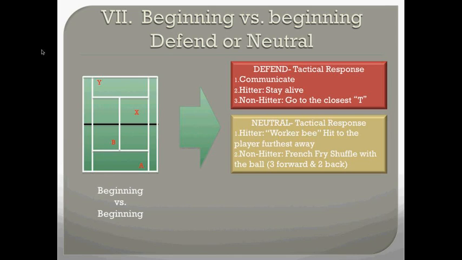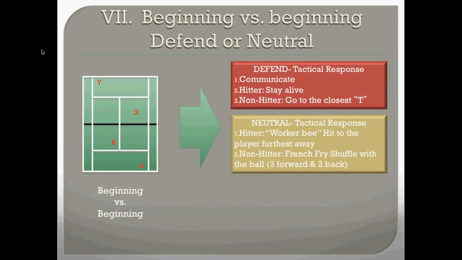So what I do is when we work on the non-hitter in a neutral mode, in the beginning versus beginning, I place the French fries down at a diagonal for player A. And basically what player B has to do is, once the ball goes by player X, they'll French fry shuffle 3 steps forward. Now, why does player B move forward when the ball is hit by player X?